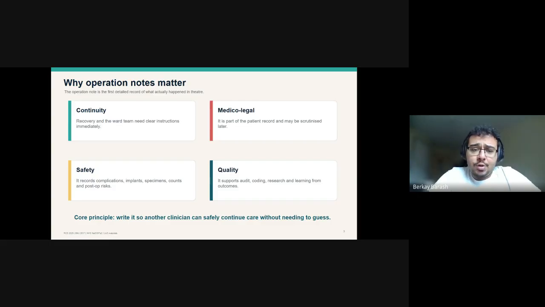It records any complications, implants, specimens, or any post-op risks that you may have seen, and it also ensures that the quality of the surgeries you're doing can be audited, coded or researched. So the core principle is you write it so that another clinician can safely continue care without needing to guess.